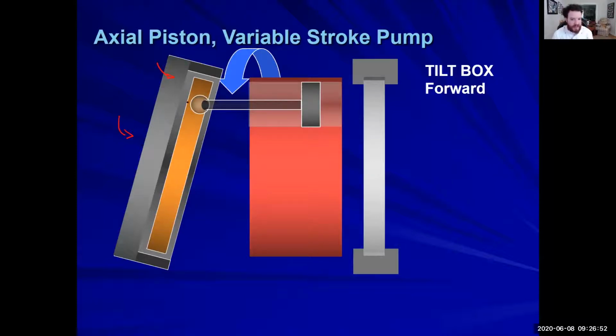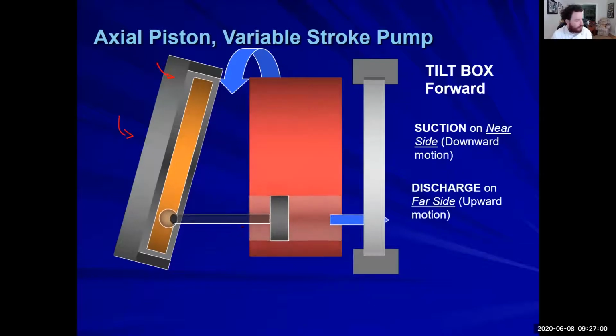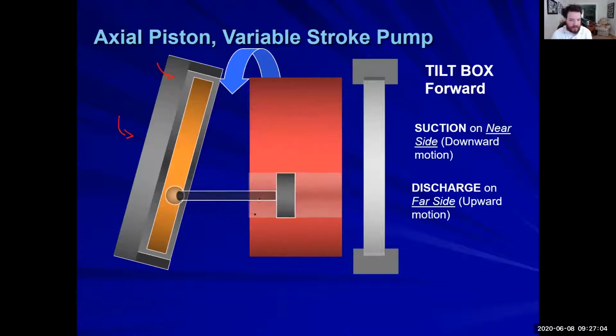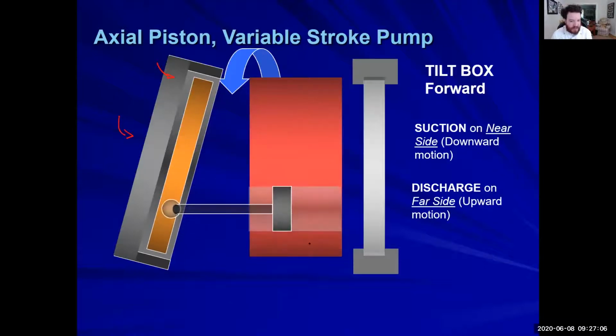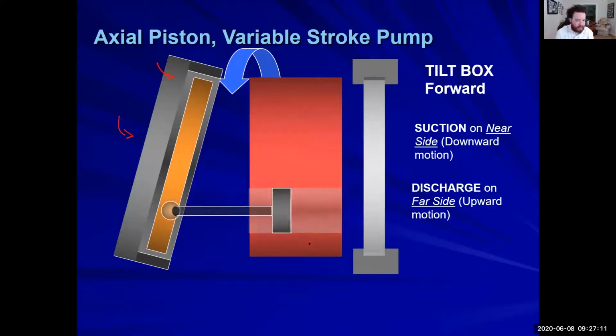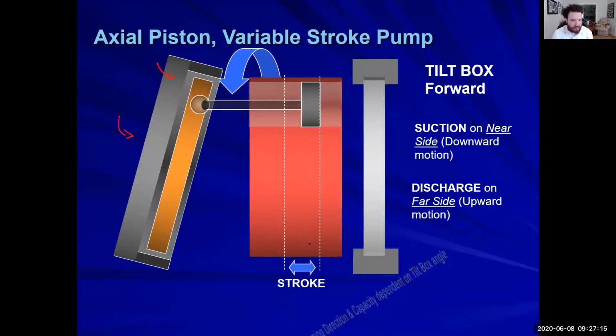So instead of the top being the point where it's sucking in, we are now discharging at that point. On the near side, we're going to be sucking in all that fluid, and on the far side of this barrel we're going to be pushing out that fluid. It's the opposite of what we were just doing.